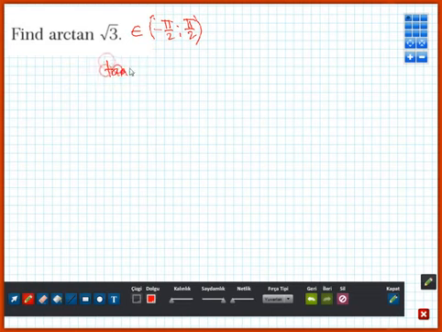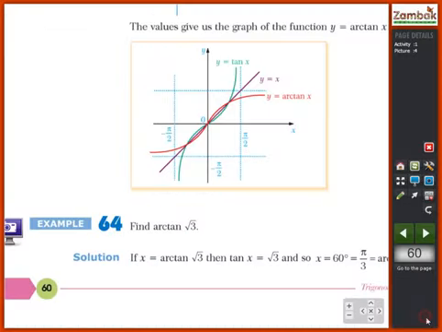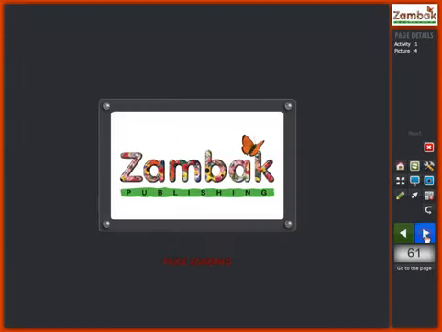That means tangent x is equal to root 3, and arctangent root 3 is what? x, and x must be between minus 90 and plus 90. That angle is 60 degrees, pi over 3, which is between minus 90 and plus 90. Okay, let's solve another example.